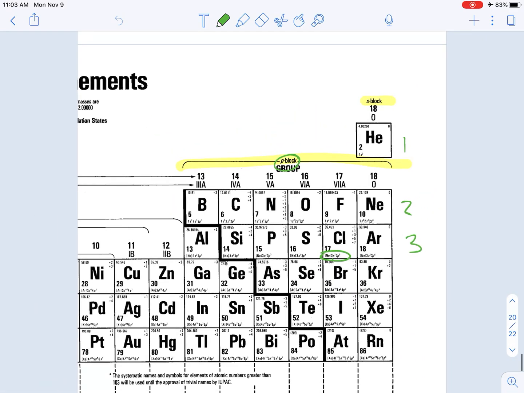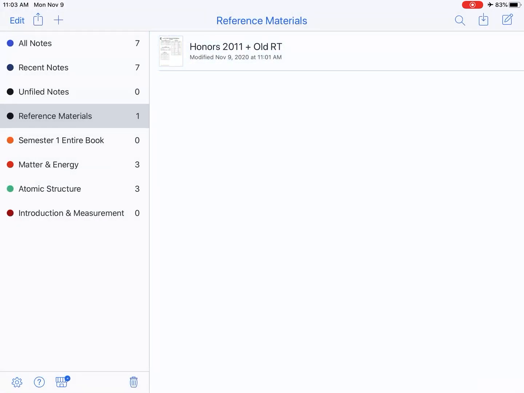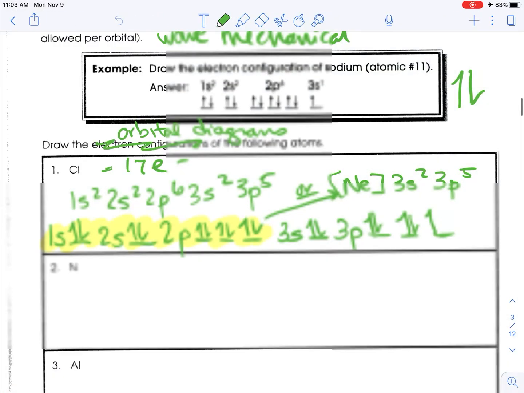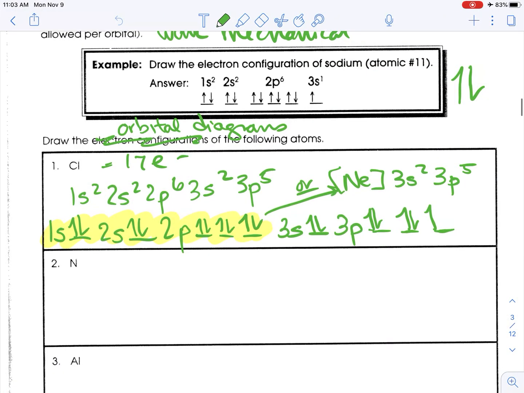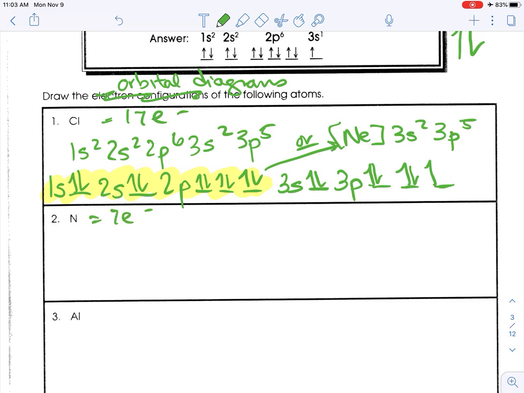All right, let's keep going. All right, the next is nitrogen. Nitrogen has 7 electrons. You look at the periodic table. I'm not going to keep switching back. Nitrogen is in the 2p sublevel region. So 1s2, 2s2. You always begin the same way. 2p.